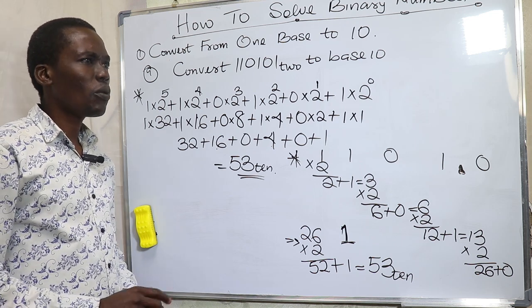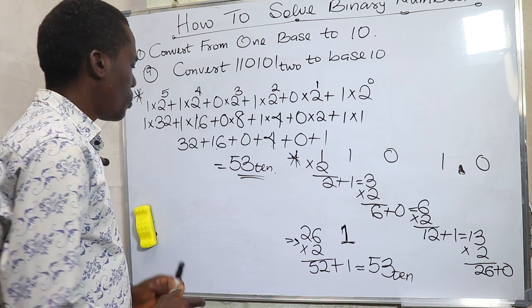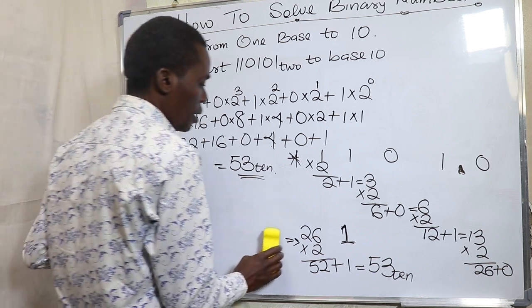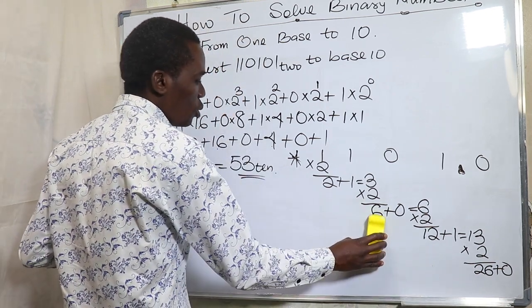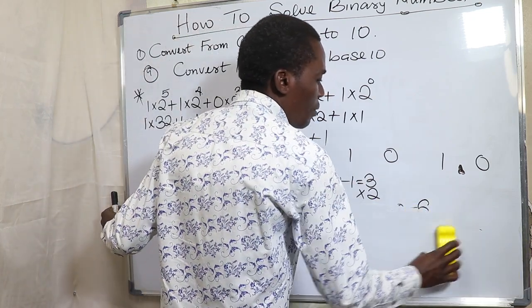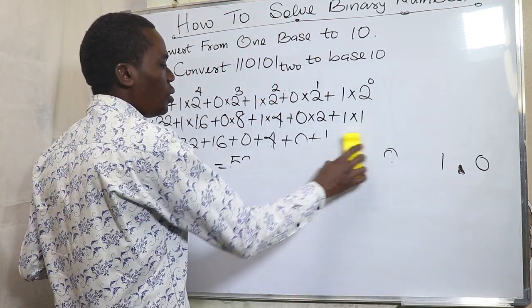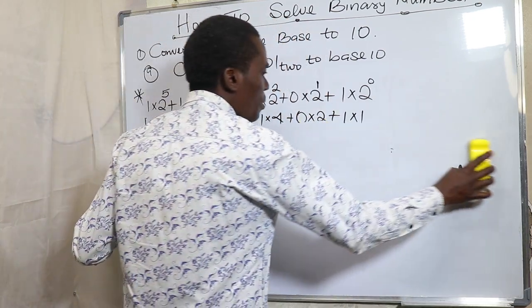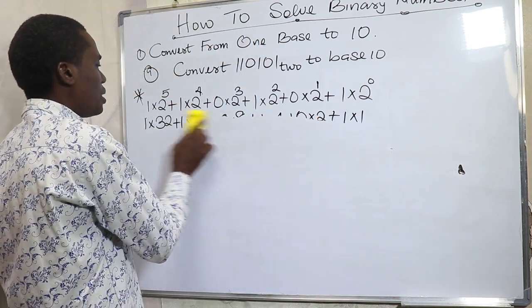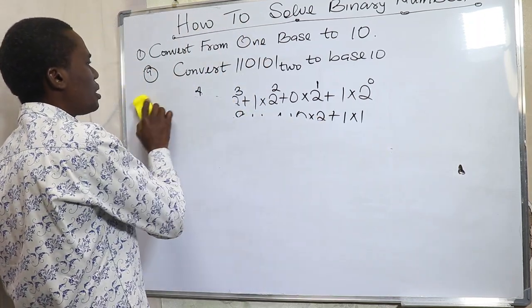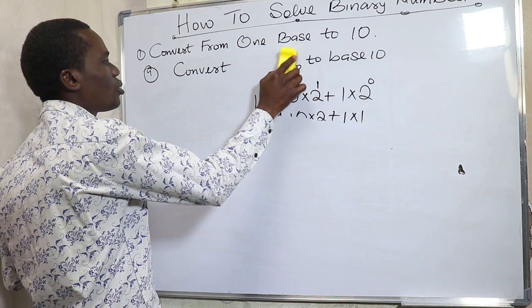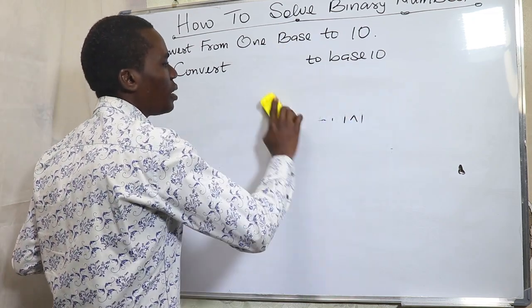Now let's look at another question. Another example. We can be asked to convert from another base to base 10. Now if I'm asked to convert this value in base 5 to base 10, how do I convert it?